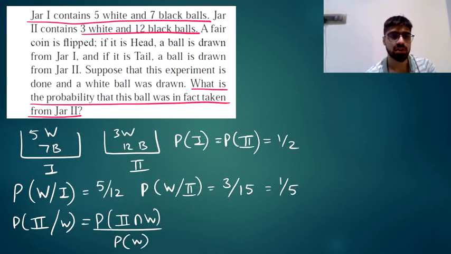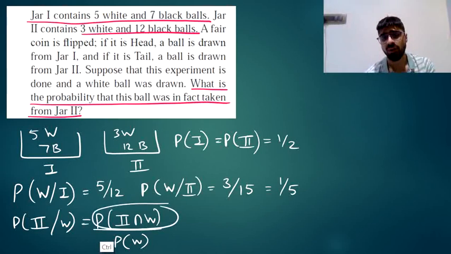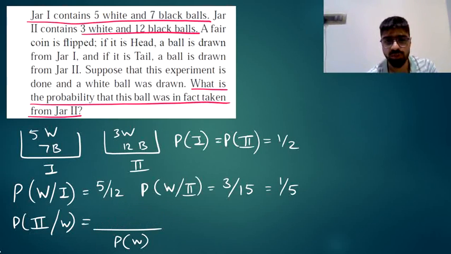Like we have discussed, whatever is the numerator will be written in terms of the reverse of this term. So you write the numerator as P of W given 2, and when you expand P of W given 2 it is going to give you P of W intersection 2 that you wanted, but divided by P of 2 will also be there, and to eliminate that division by P of 2, you multiply this with P of 2, and that's how you write the numerator.